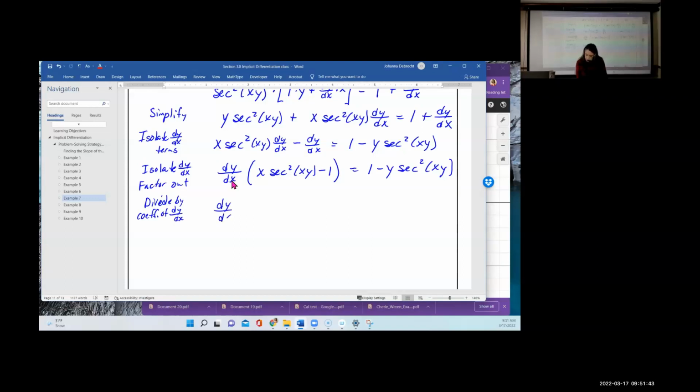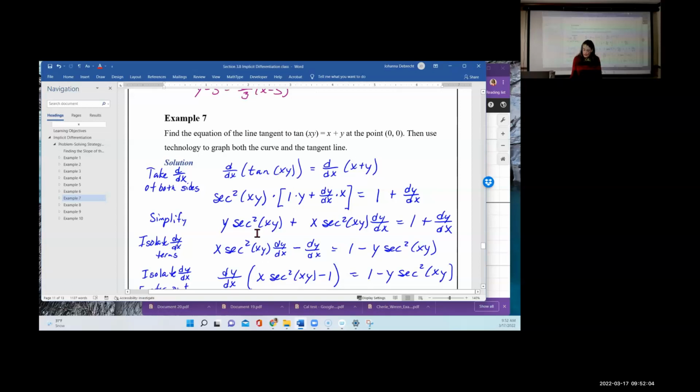So we have dy dx equals 1 minus y secant squared of xy divided by x secant squared of xy minus 1. Because of the ones, we're not going to have any common factors in the numerator or denominator that we can cancel.